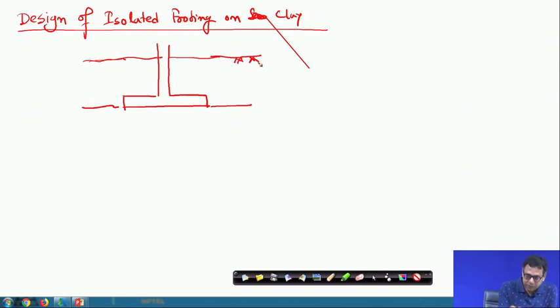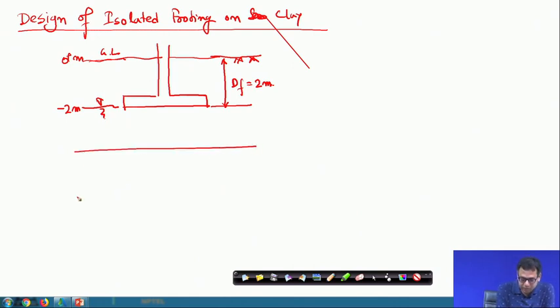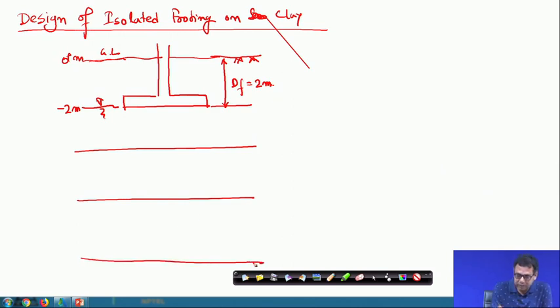The depth of foundation was chosen as 2 meter. So this is ground level plus 0 meter, this is minus 2 meter. The water table location was also at 2 meter, and there were 3 layers: layer 1, layer 2 and layer 3.